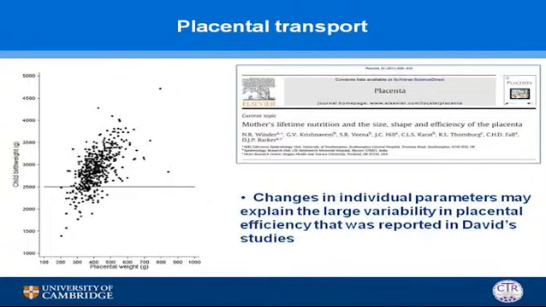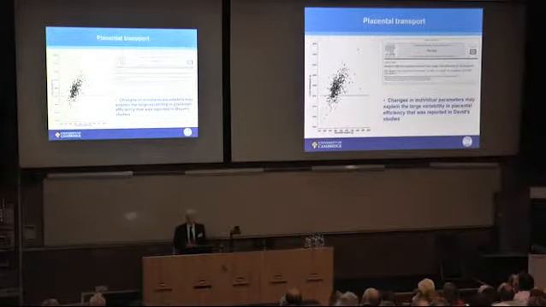For any given placental weight, you can have a huge variability in terms of actual birth weight. And some of that may be due to adaptations within the placenta. Placental weight is a very crude measure of placental transport efficiency.